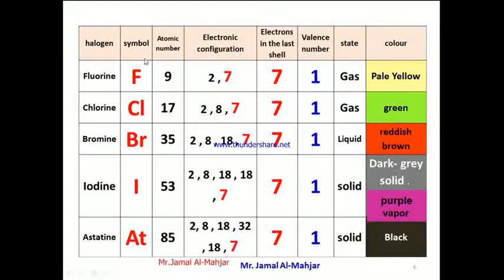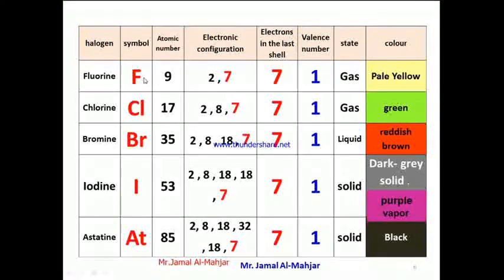Now when you go down a group, what will happen to the atomic number? Yes, the atomic number increases down the group. So we will see the relation between the reactivity and the atomic number.